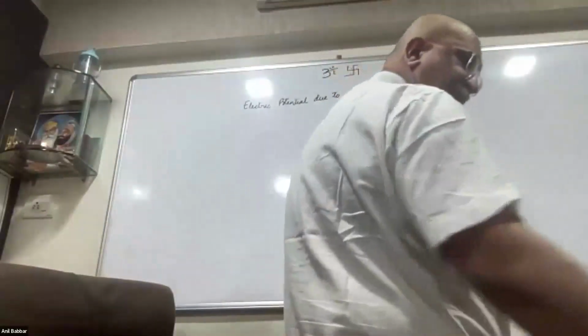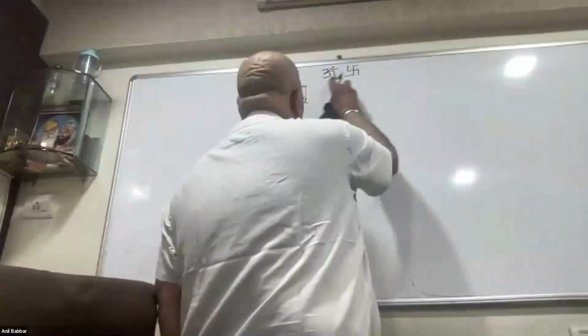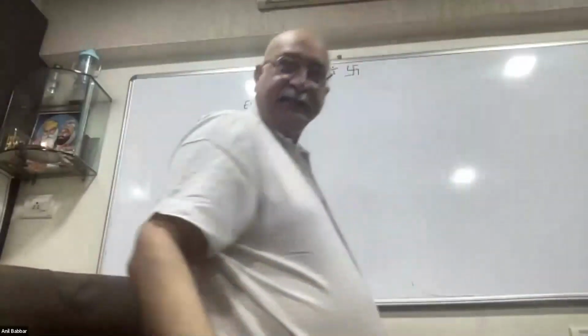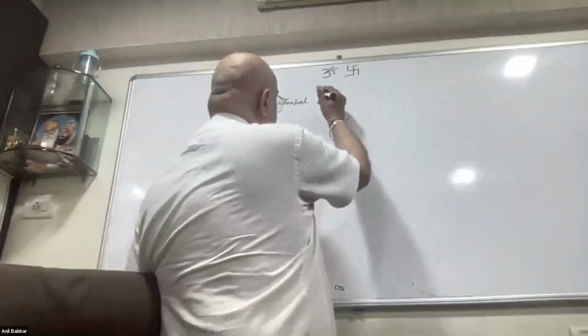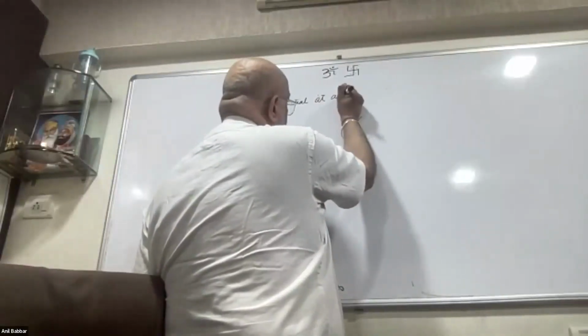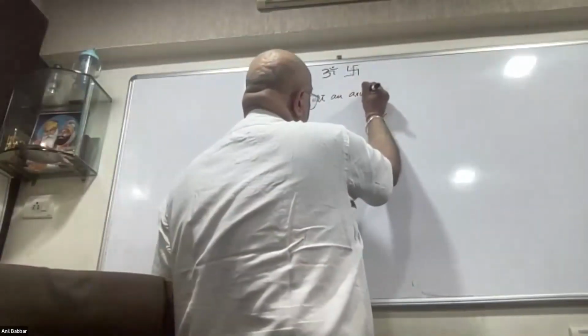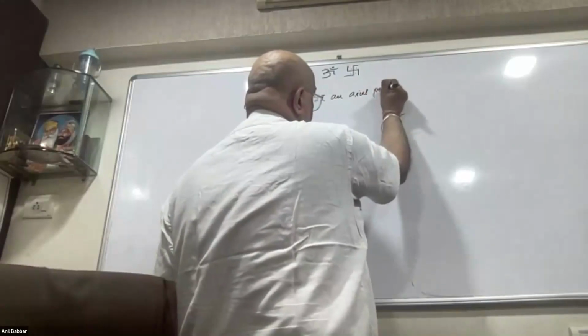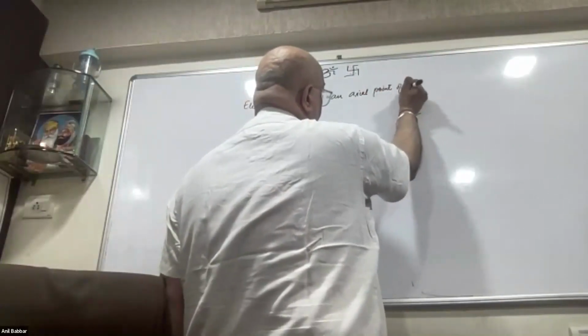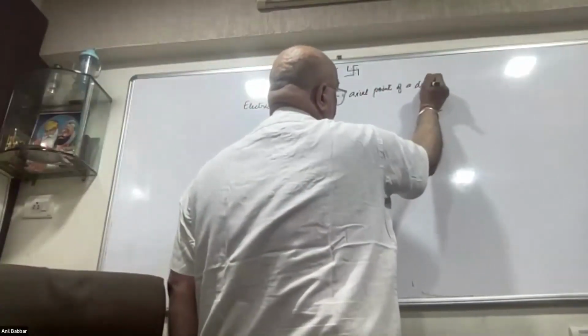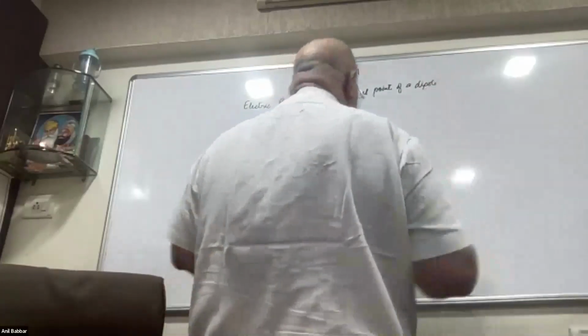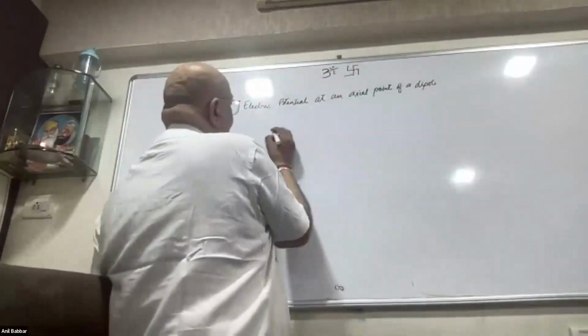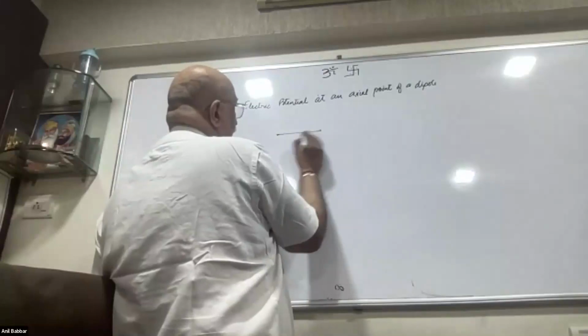Now we need to find electric potential at an axial point, say at an axial point of a dipole. So let's say we have a dipole over here.